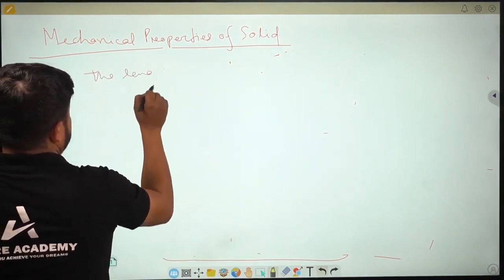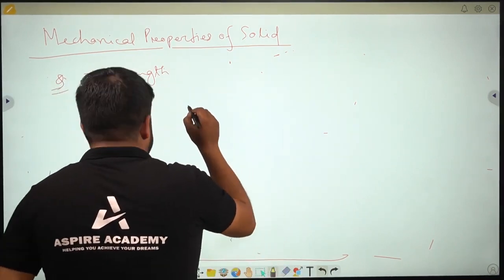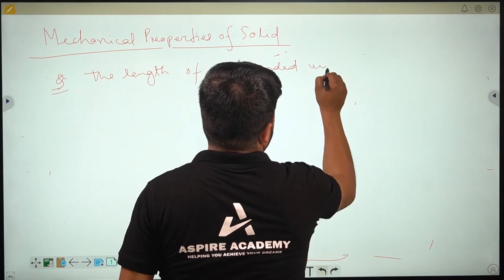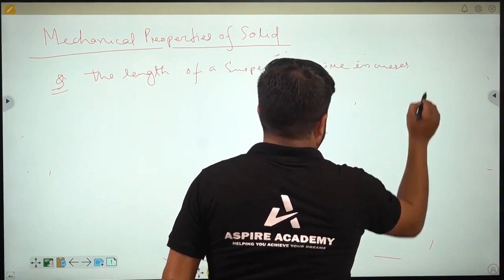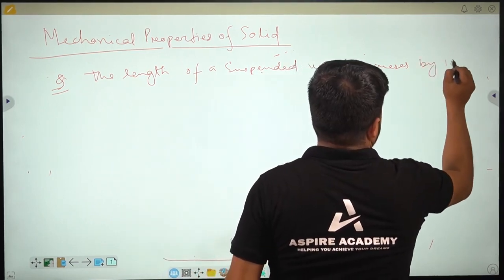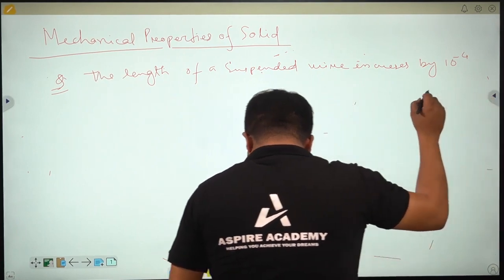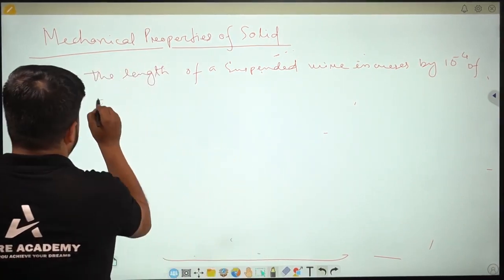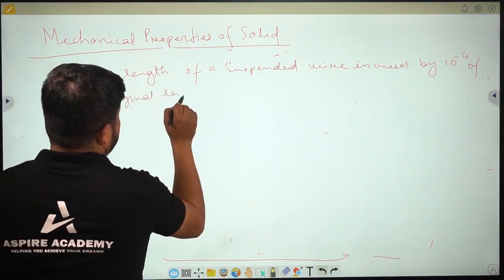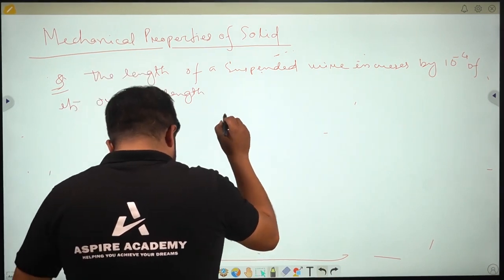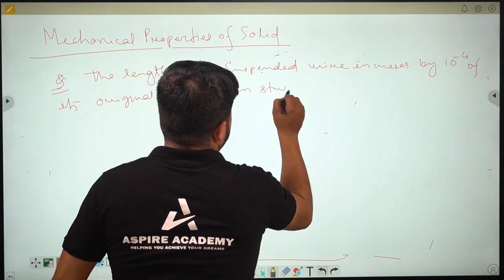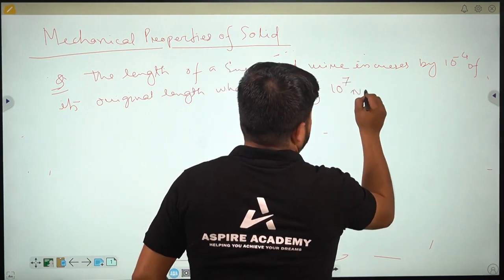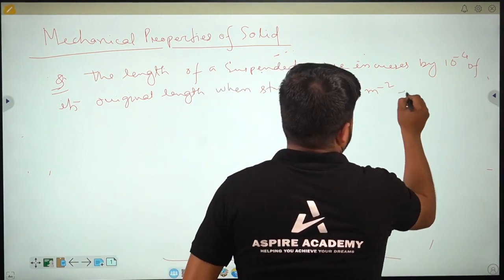The length of a suspended wire increases by 10 to the power minus 4 of its original length when a stress of 10 to the power 7 Newton per meter square is applied on it.